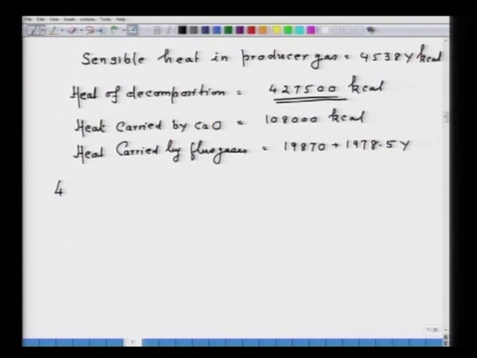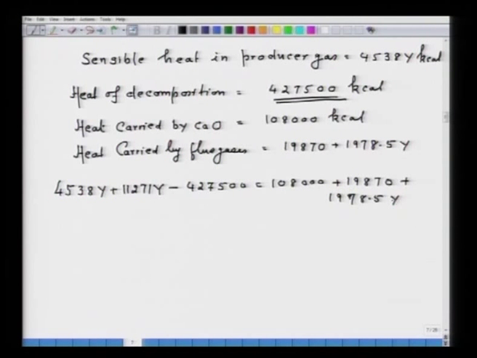Now, the heat balance would be say 4538 Y plus 11271 Y minus 427500, that is equal to 108000 plus 19870 plus 1978.5 Y. So, I can calculate now Y, that will be equal to 40.15 kg moles, and that will be equal to 899 meter cube expressed at 1 atmosphere and 273 Kelvin.